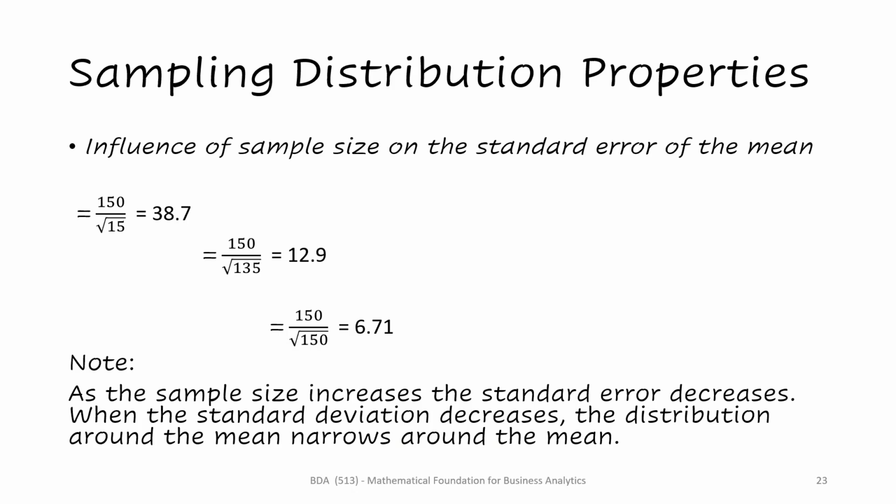Let's say we started with 15, because for each sample we use 15 specimens. But let's assume that for each sample we use 135 specimens. Here it reduces to 12.9. And then let's say for each one we increase the specimens to 150.